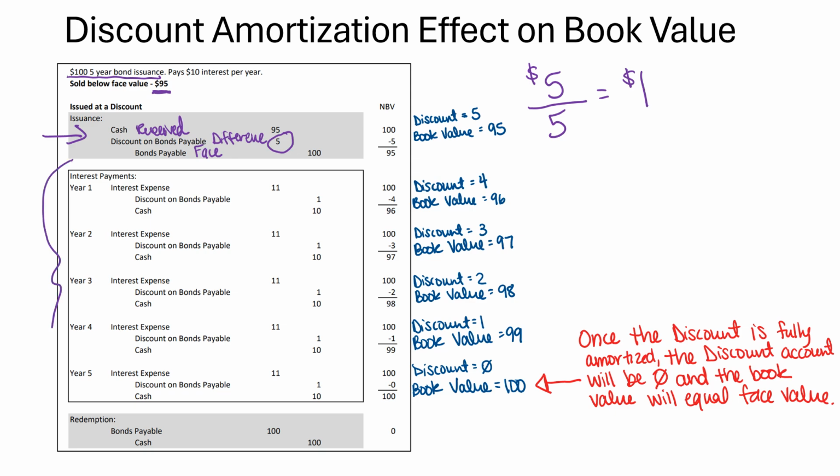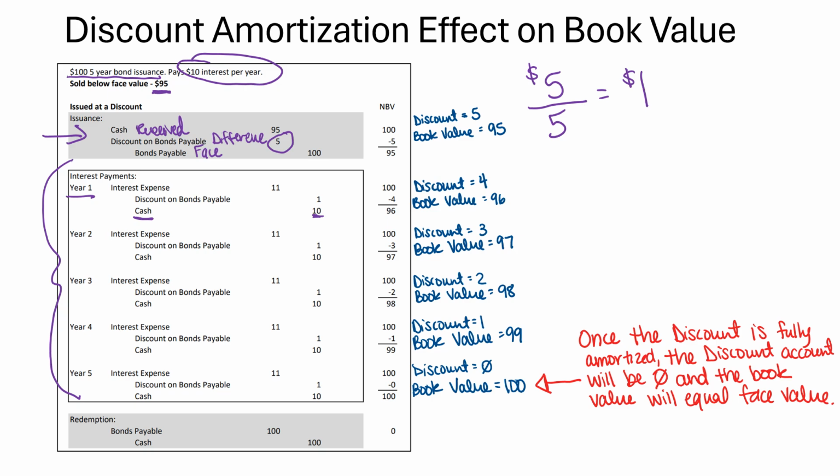So these are the annual interest journal entries. What you need to remember here is that $10 per year is the interest payment. So you can see year 1, cash, $10, because that is the amount of interest that the bond is paying.